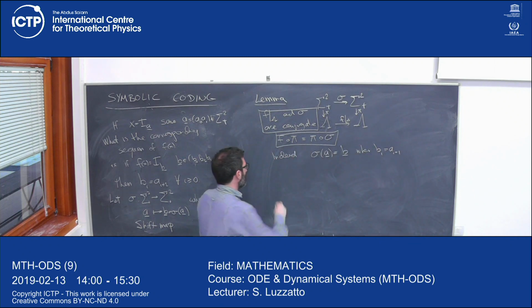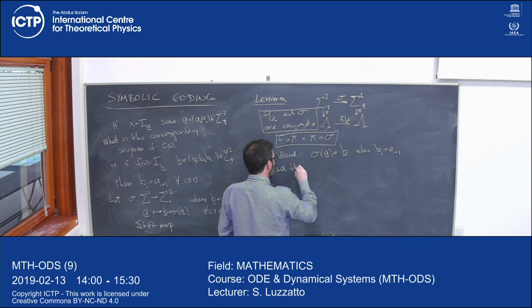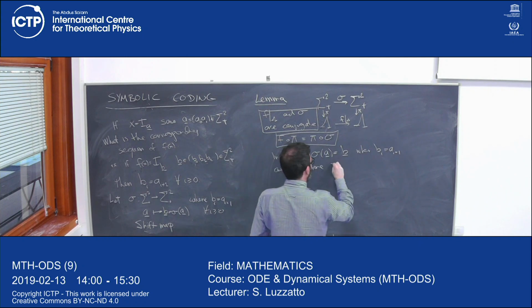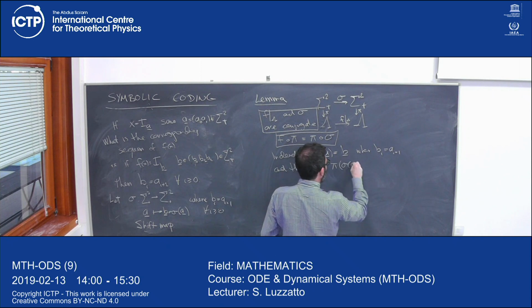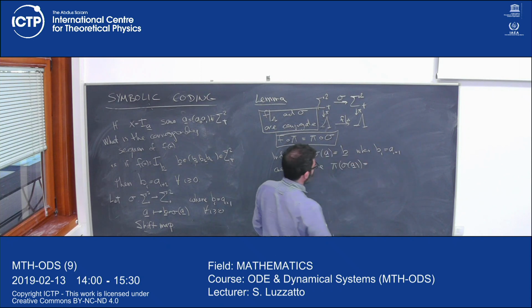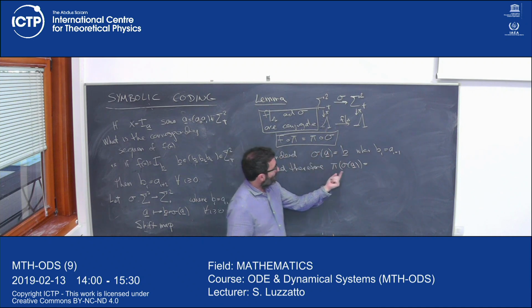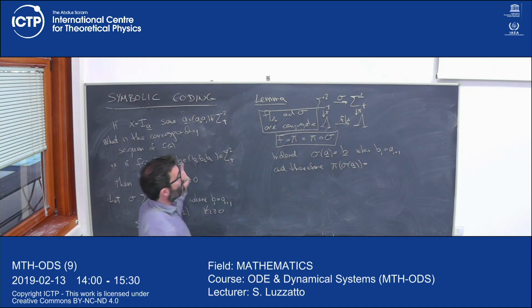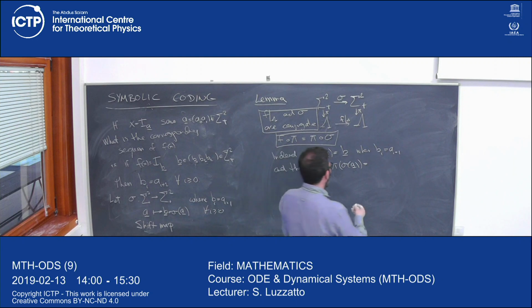And therefore, if A is the sequence associated to a point x, then sigma A, as we said before, is exactly the sequence associated to f of x.